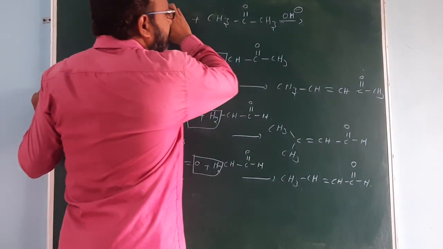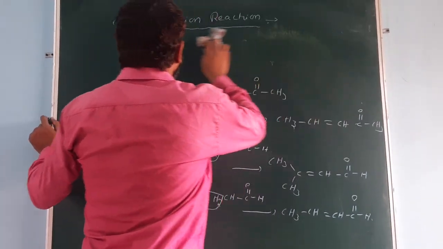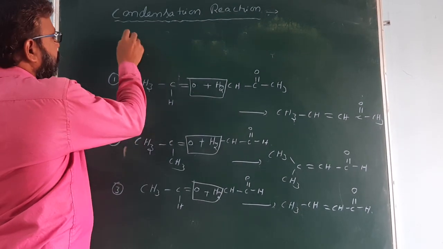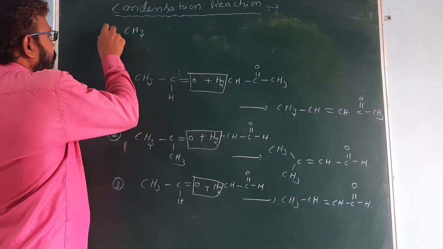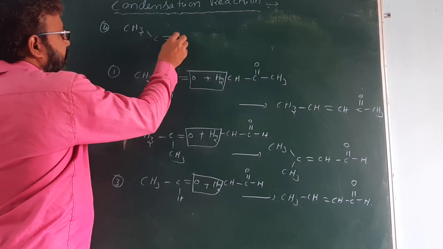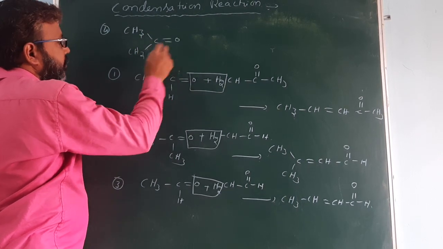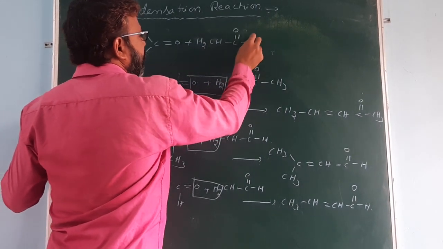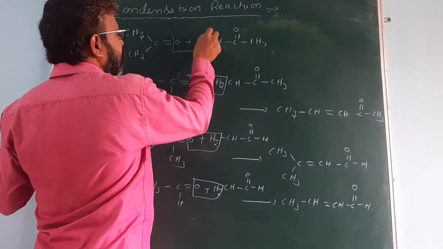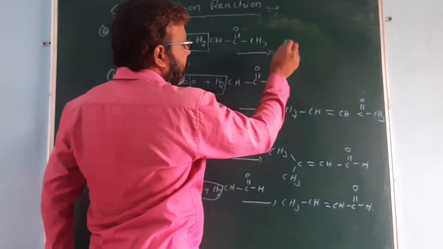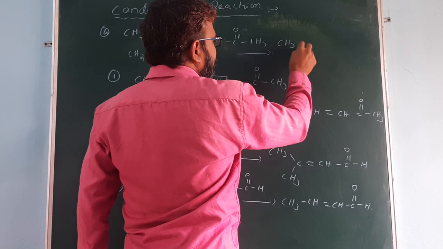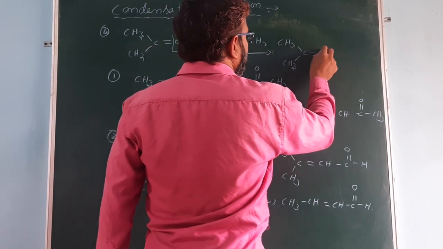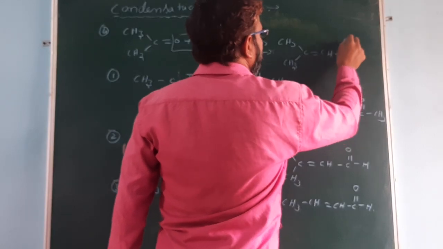So another one, acetone. Acetone undergoes self aldol condensation. So fourth one, C double bond O CH3 plus H2CH C double bond O CH3, loss of water molecule to give CH3 C CH3 double bond CH C double bond O CH3.